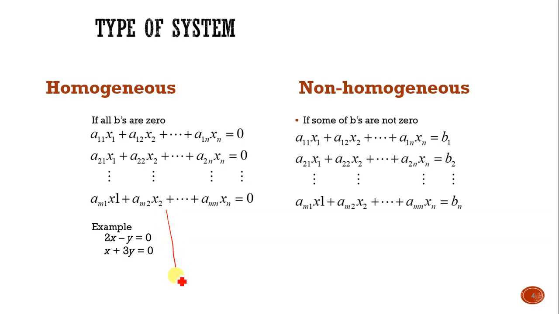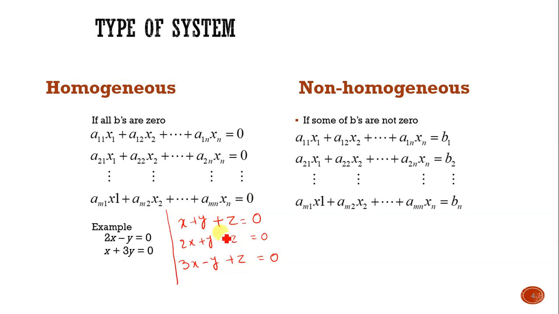In 3 variables we can also see x plus y plus z equal to 0, 2x plus y minus z equal to 0, and so on.